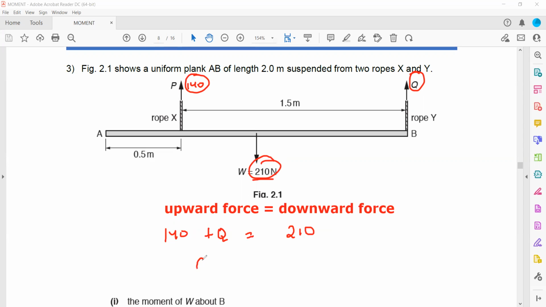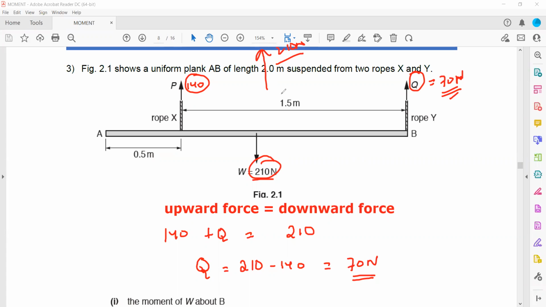So if we need Q, 140 is added here, on the other side it will be subtracted. So 210 minus 140 equals 70 newtons. So the force Q is actually equal to 70 newtons. As it is 70 newtons, the total upward force is 210 because 140 plus 70 is 210, and the total downward force is also 210.